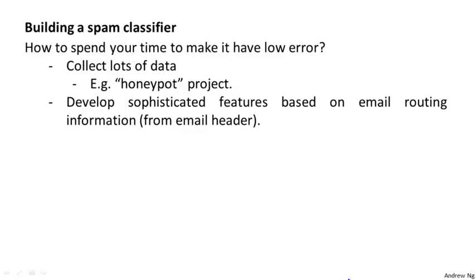And some of this information will be reflected in the email header. And so one can imagine looking at the email headers and trying to develop more sophisticated features to capture this sort of email routing information to identify if something is spam.